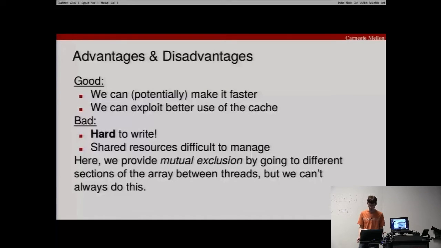We made it faster, but there was a cost to that. And also specifically the shared resources. In this case, we didn't have to really deal with issues of shared memory because everyone was just writing to different elements and reading from different elements in this array. No one was touching the same memory. This thread only cared about these here.